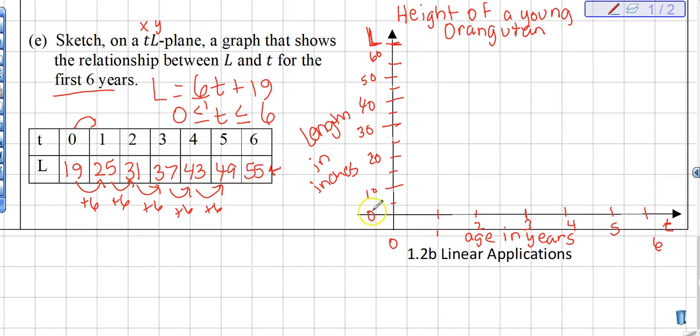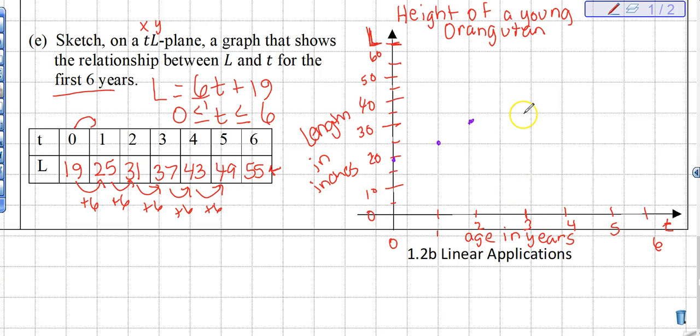So that was a really beautiful graph. Now all we have to do is plot our data. So at 0 years, he was 19 inches. I'm going to change the color here. Purple graph. All right, 19 inches. And at 1 year, he was 25 inches. And at 2 years, he was 31 inches.